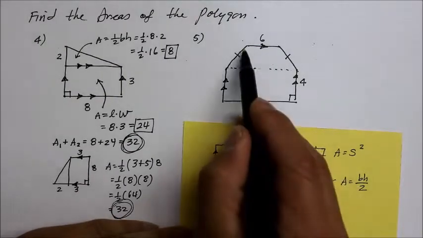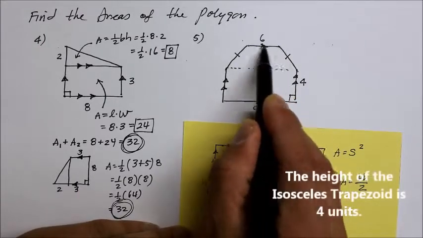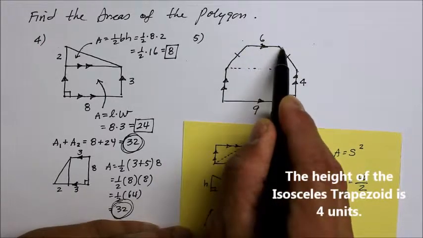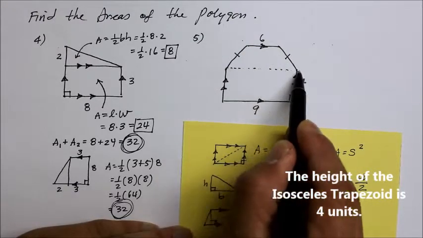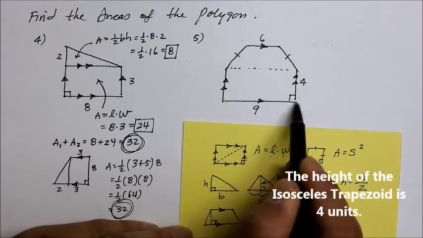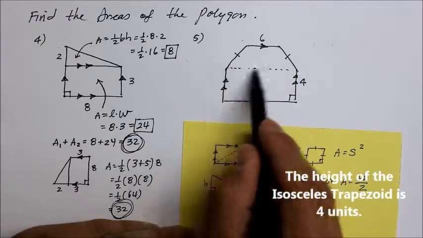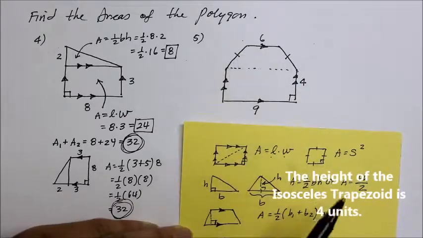Yeah. It's an isosceles trapezoid because this line is parallel to that line, which is parallel to the base of this triangle. So here's a rectangle, triangle, rectangle, and a trapezoid.